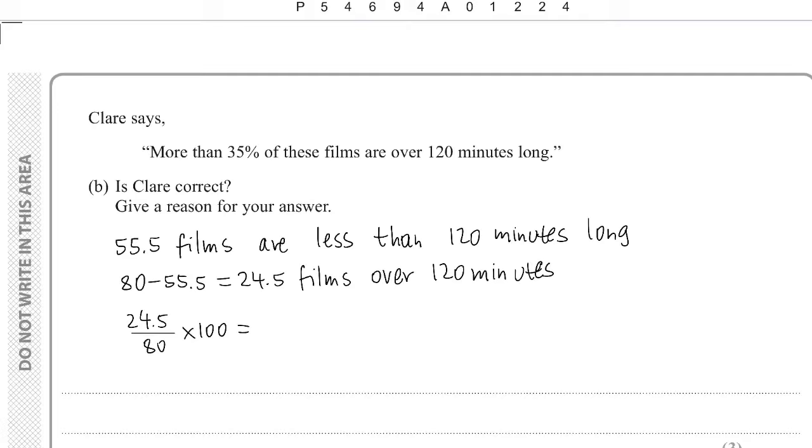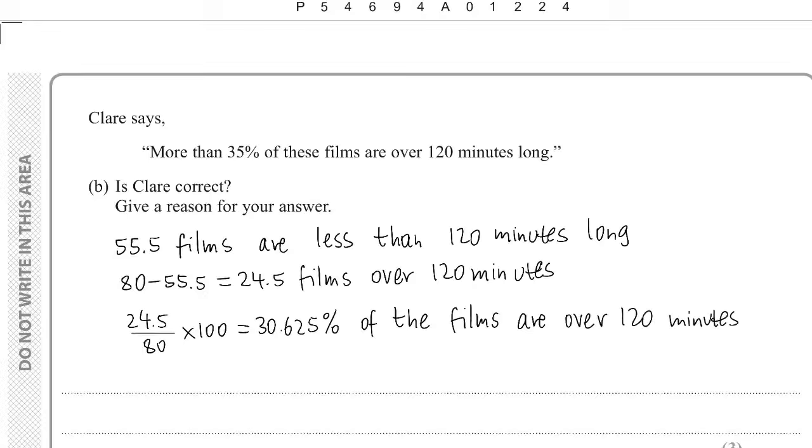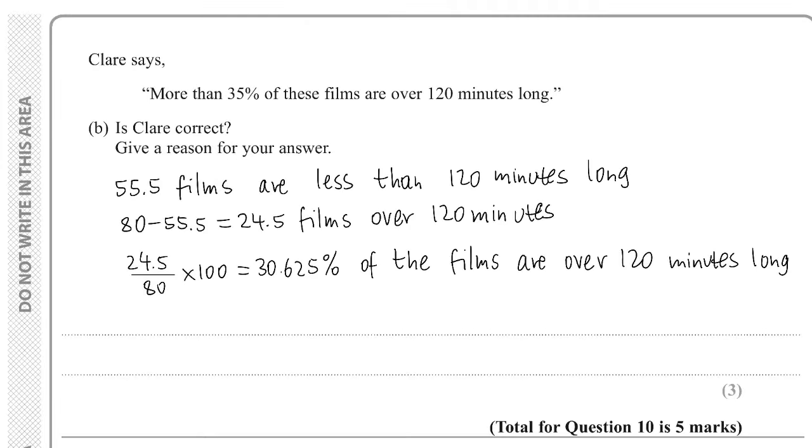It turns out to be 30.625% of the films are over 120 minutes long, which means that what Claire is suggesting is actually false. So we really need to say that hence Claire is not correct.